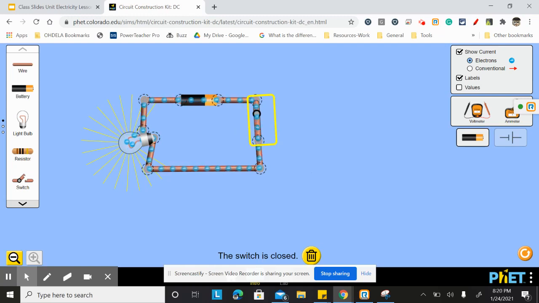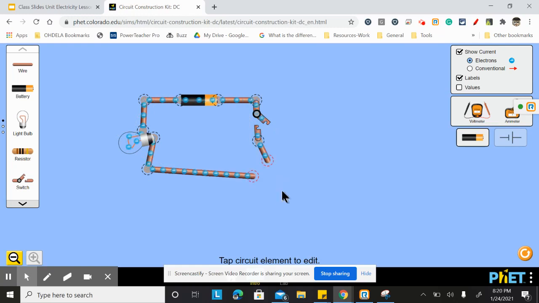When the switch is closed, the circuit is closed and it's working. Then we can break open the circuit and add different objects to see if they conduct an electrical current.